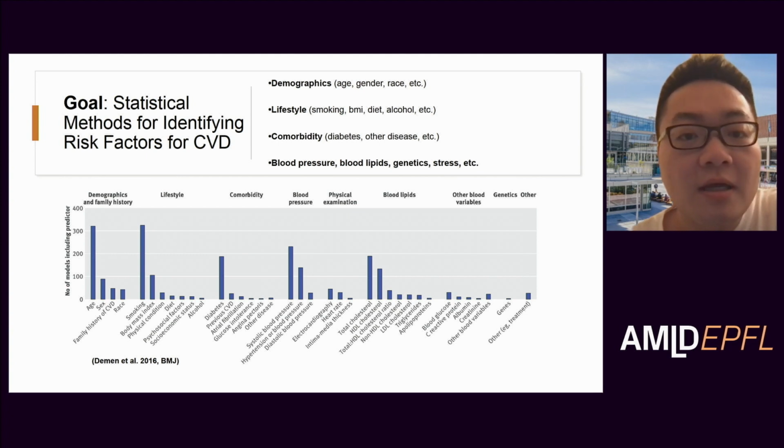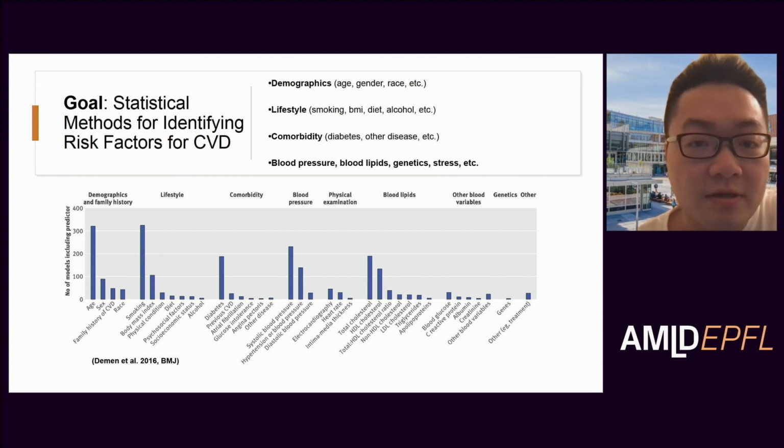The third class we call comorbidity, which is simply some other disease that happens simultaneously with cardiovascular disease. We want to know whether, for example, type 2 diabetes, which I've seen in some patients who also have CVD, can be a risk factor that causes more severe CVD.